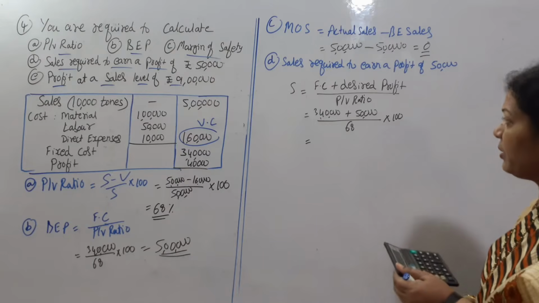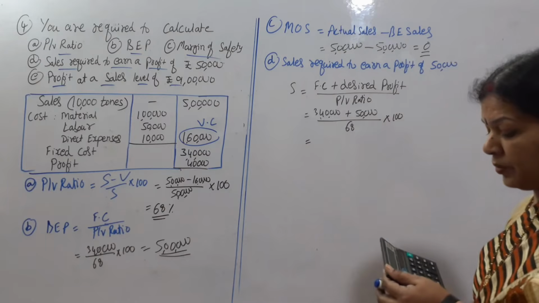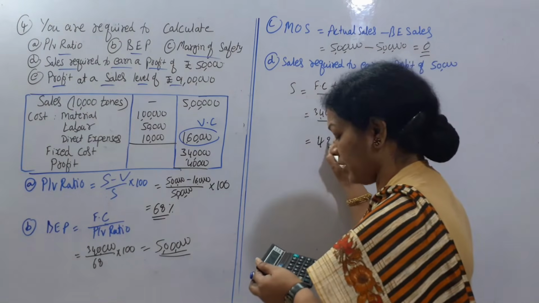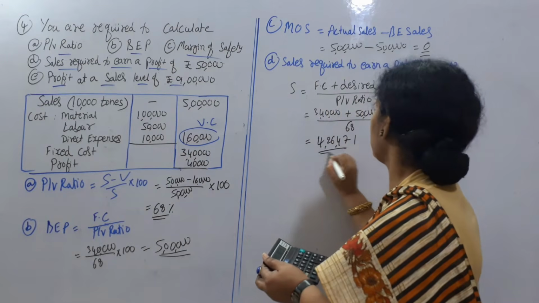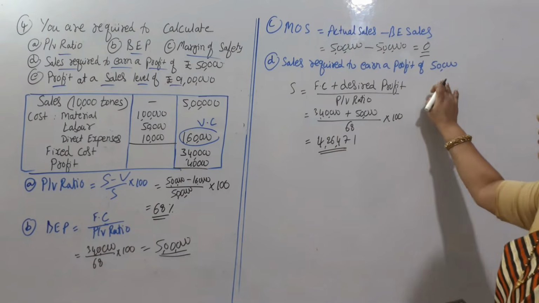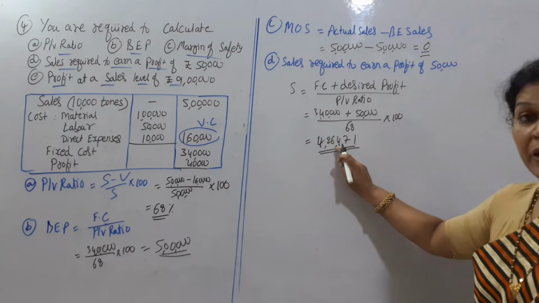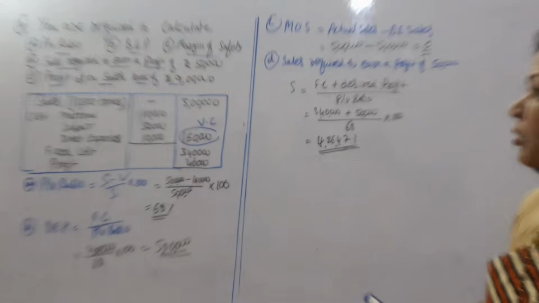So altogether we are getting an answer of 4,26,471. If you want to earn a profit of 50,000, we need sales of this much, 4,26,471.